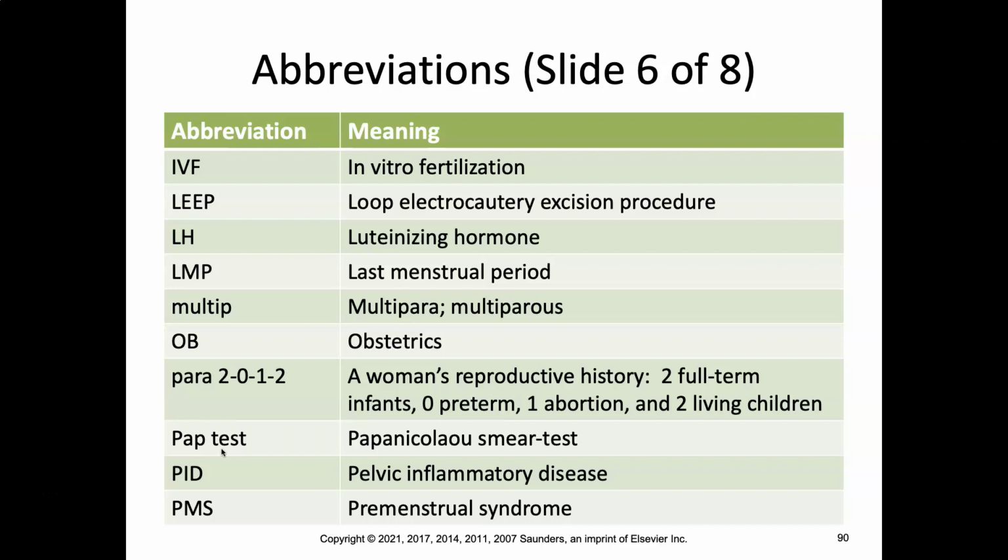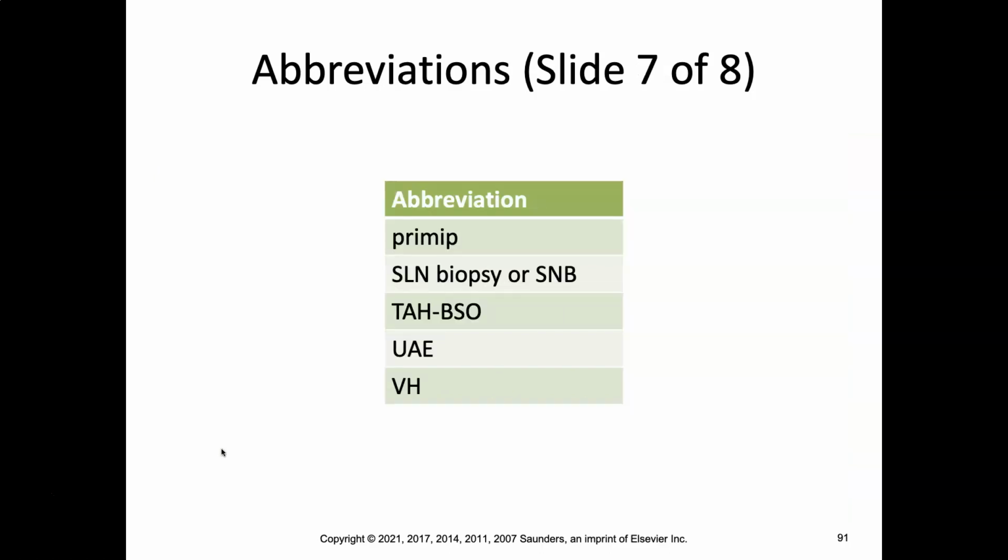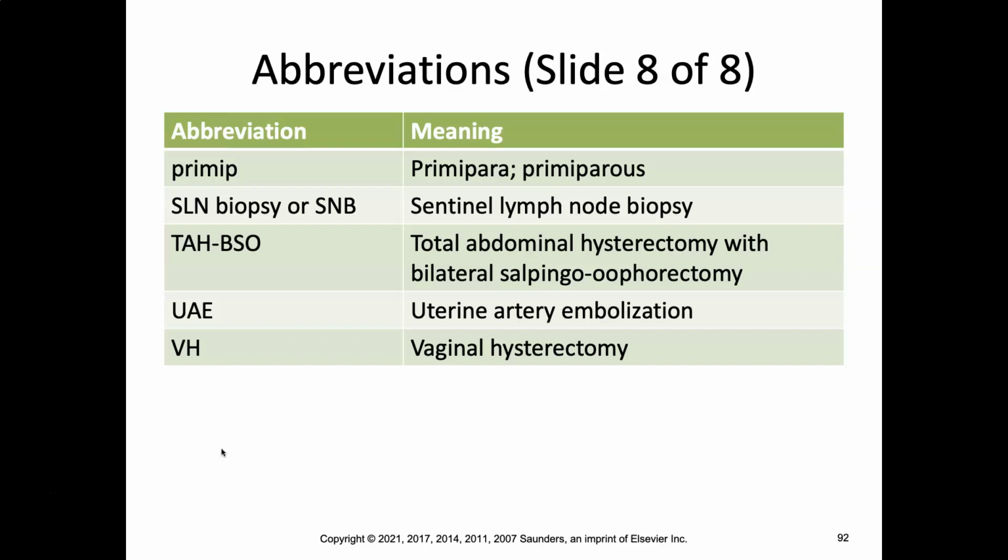That is a woman's reproductive history. It's how many full-term infants has she had, how many preterm, how many abortions or miscarriages, and how many living children. That's what those 4 numbers mean. And here are the rest.